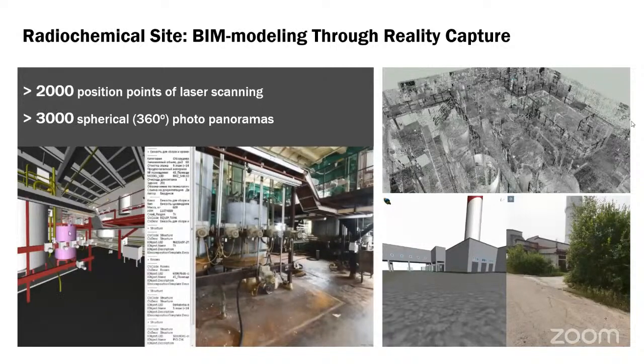Also, we did spherical photopanoramas just to give an impression of the actual state of the facilities and their inside compartments. Overall, we made more than 2,000 position points for laser scanning and more than 3,000 spherical photopanoramas, including inside and outside areas.